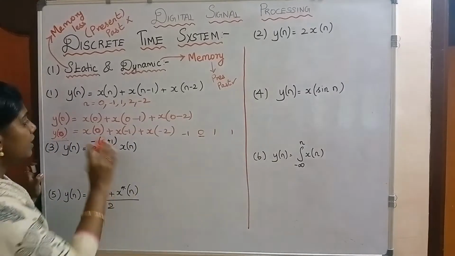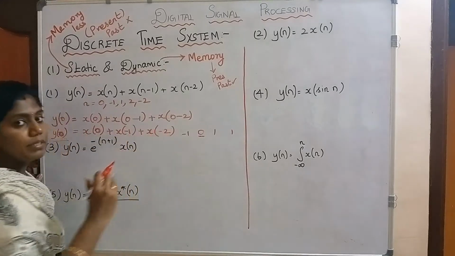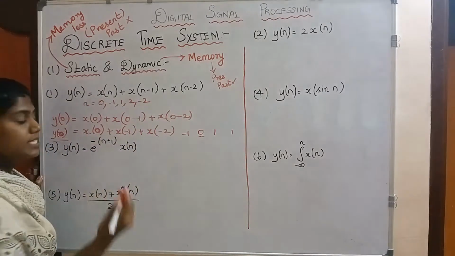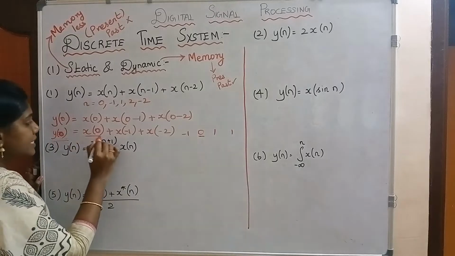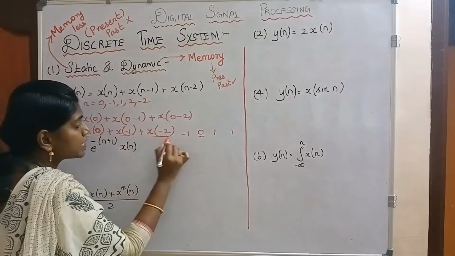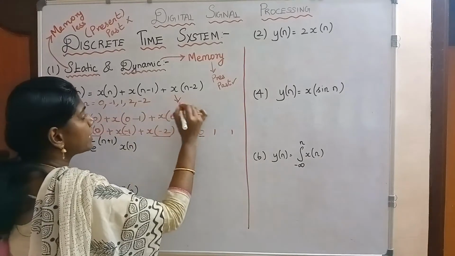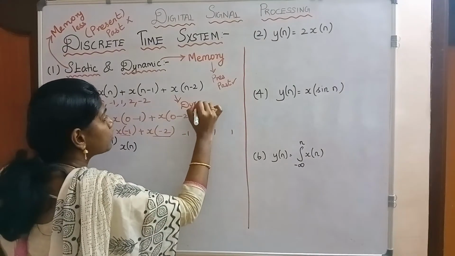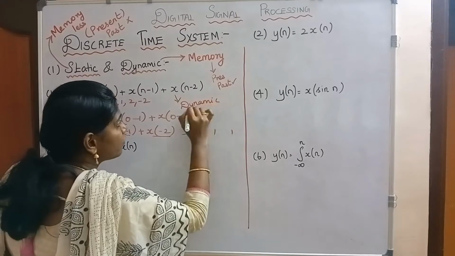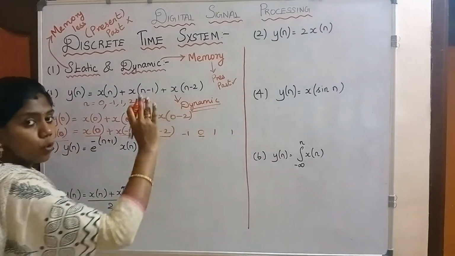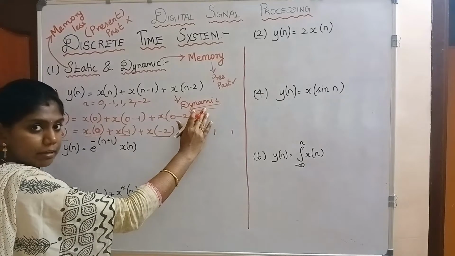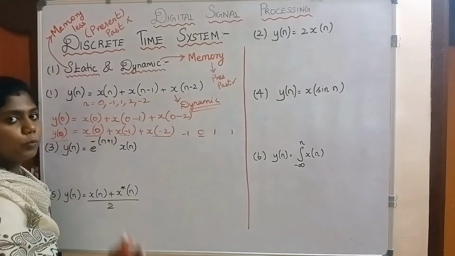So this particular system is a dynamic system, because the output depends on the present input and also on past input. Hence I am concluding this system as a dynamic system. When you find that it is a dynamic system, there is no need to proceed further.